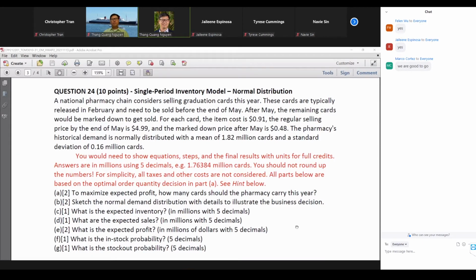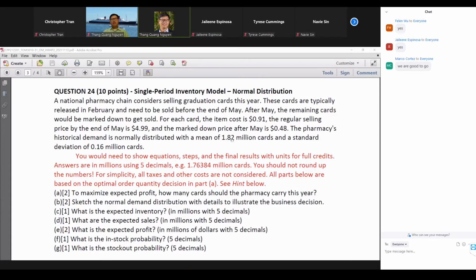All right, the pharmacy's historical demand is normally distributed with a mean of 1.82 million cards and a standard deviation of 0.16 million cards, right? So we talk about a national pharmacy chain like CVS, like Walgreens, right? They sell many cards in the year. So I made up the numbers to show that, okay, it is a national chain, so they sell a lot.